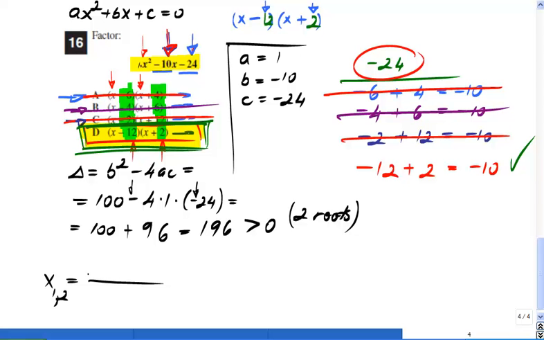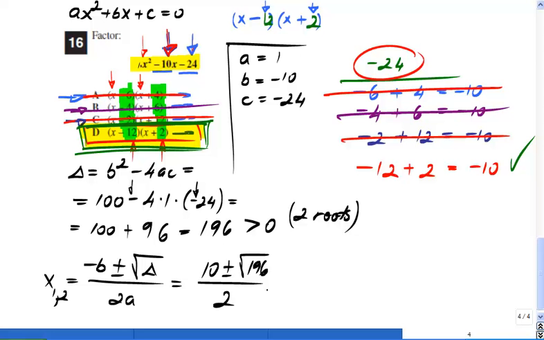Using the quadratic formula, x1,2, which are the two roots, would be minus b plus or minus the square root of your discriminant, b squared minus 4ac, over 2a. Plug in everything that you know. Minus b, minus negative 10, is positive 10, plus or minus the square root of 196, which is your delta, over 2 times a, over 2 times 1, which is 2.